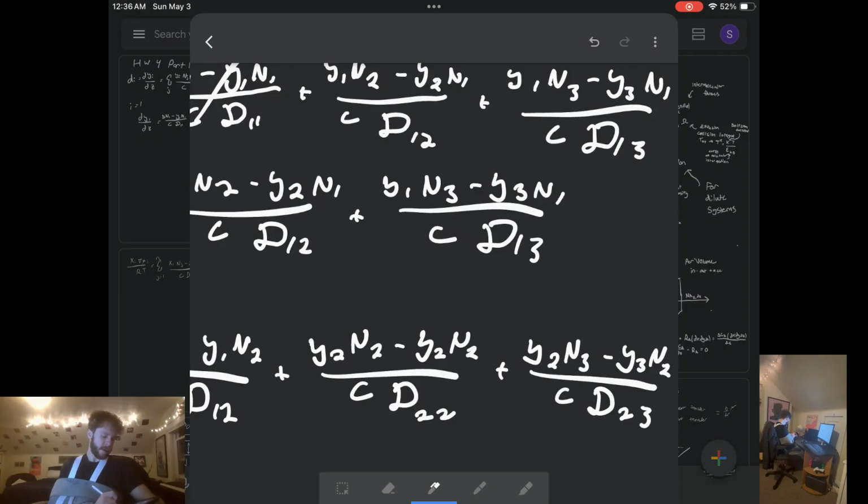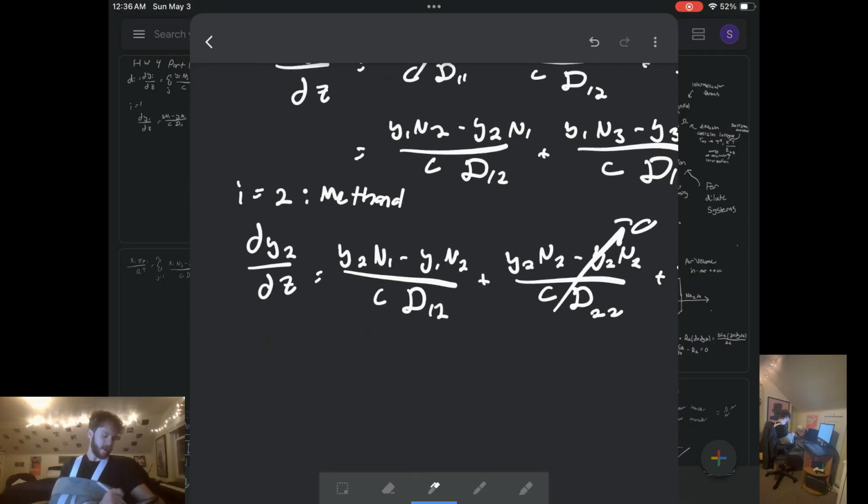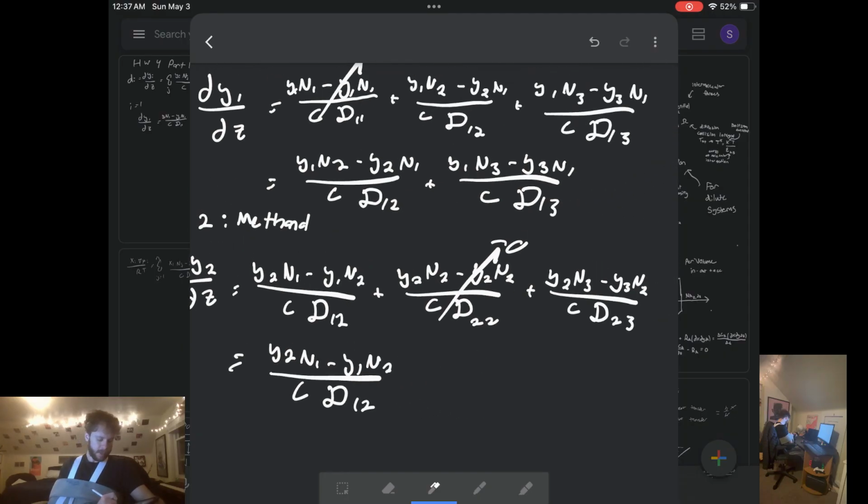This term will go to 0. And then we can rewrite our equation for the methanol as y2 N1 minus y1 N2 over our concentration times our diffusion coefficient, plus the same thing for component 3.